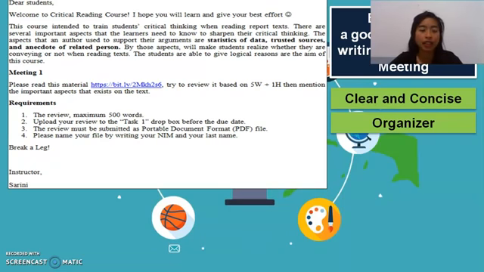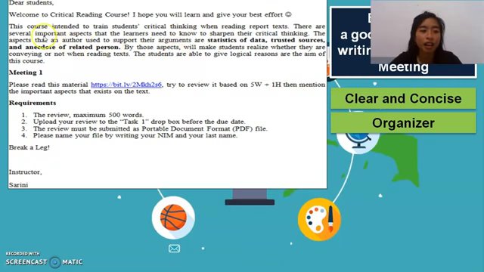It's called clear because this introduction shows the information of the course, what the aim is, what they do in the first meeting, and what the requirements are. I think it's clear and concise, and also organized.